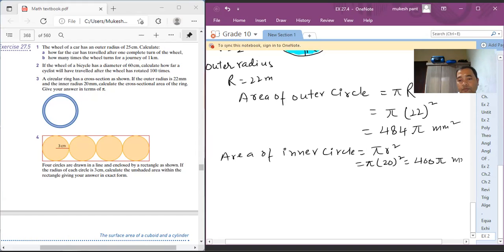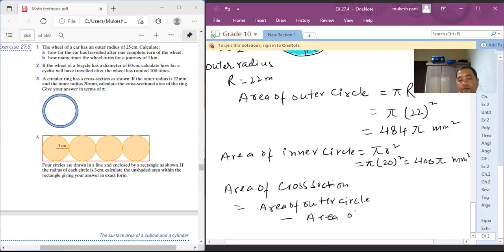Millimeter, mm. So area of cross section. Area of cross section is what? Area of outer circle minus area of inner circle. Correct?